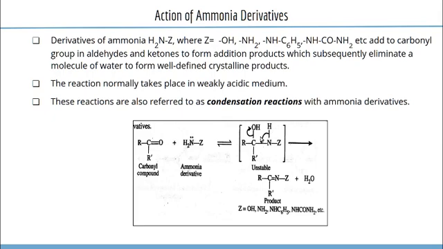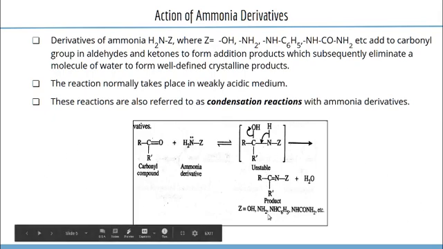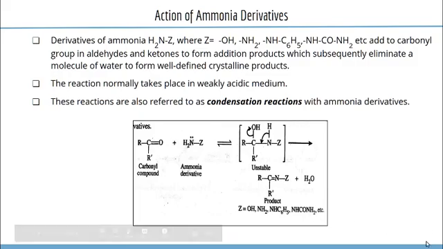Together they eliminate a molecule of water and we will get a carbon nitrogen double bonded product, that means a condensation product. First addition occurs, and this is the addition product, followed by elimination of water. So this is the condensation reaction with ammonia derivatives.